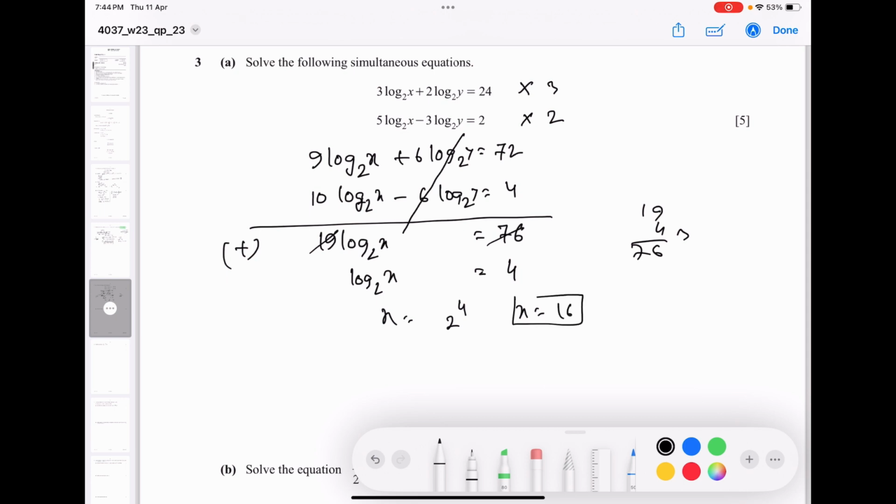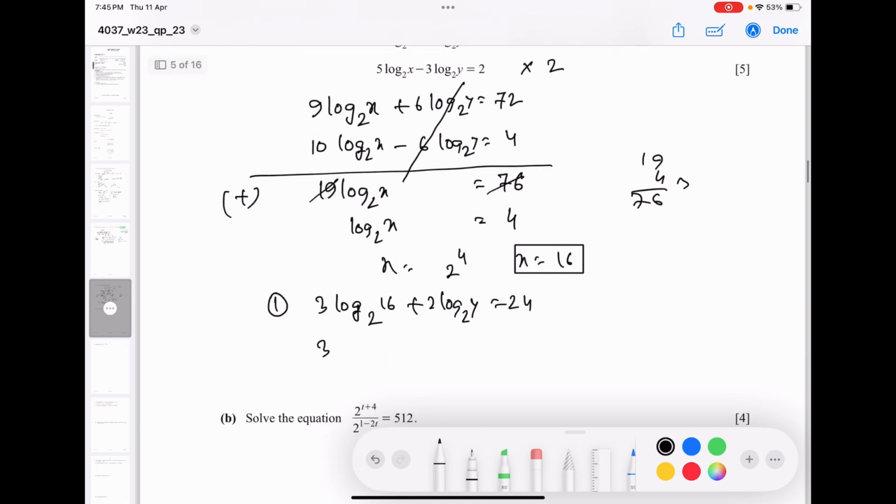Now substitute this x value in either equation, 1 or 2. Let me put it in 1. 3 log base 2 of 16 plus 2 log base 2 of y equals 24.